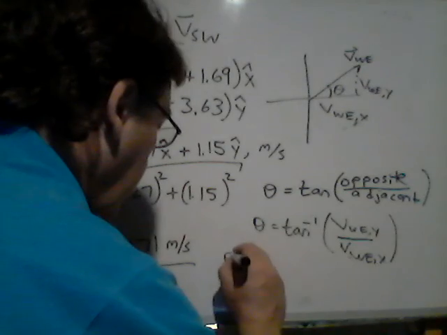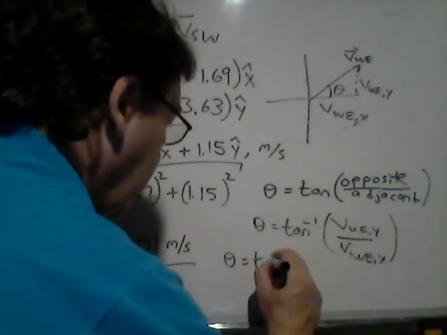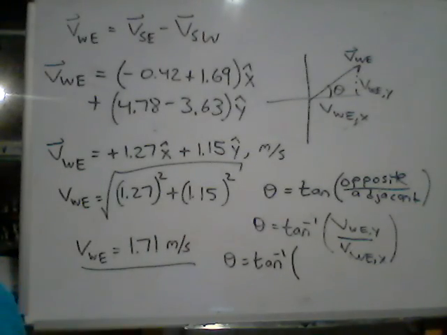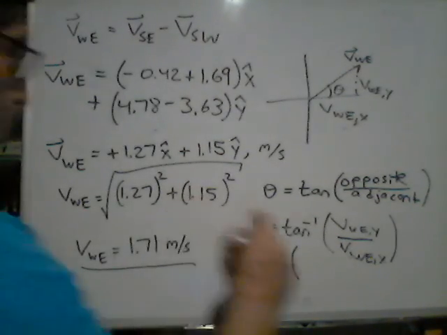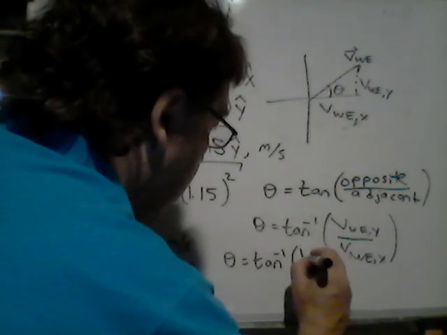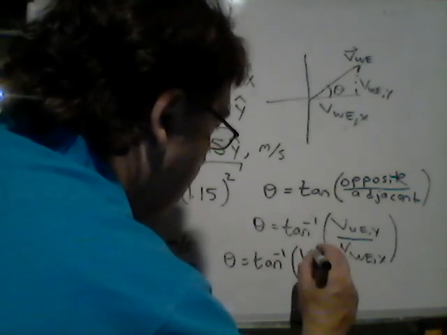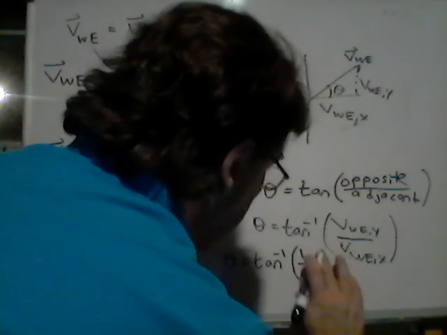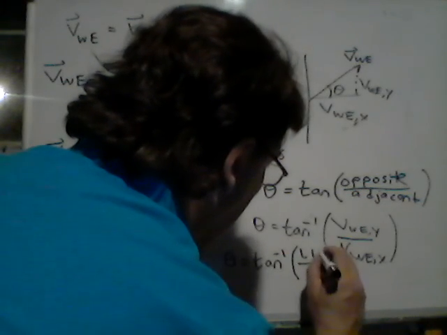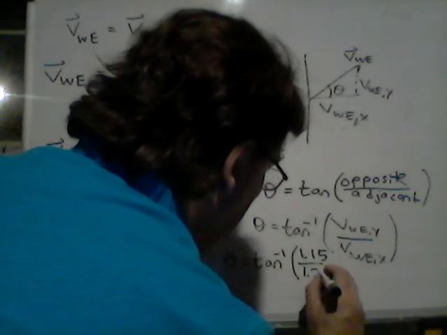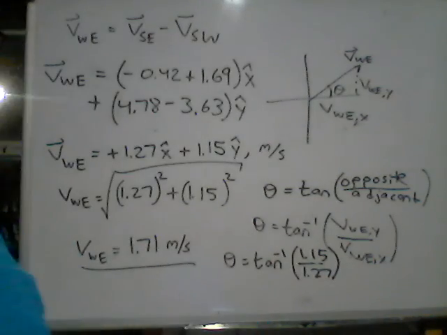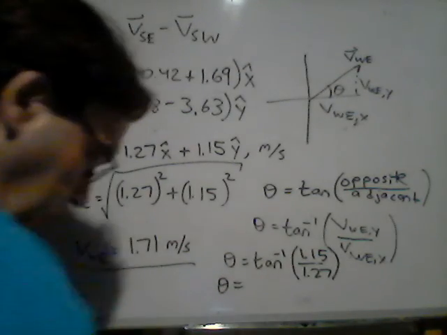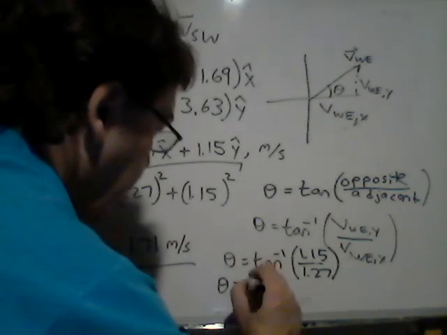Theta is the inverse tangent of, well, we find that V sub WEY is 1.15 meters per second, so 1.15 divided by 1.27. Let's write this neater. I end up finding out that theta is equal to 42.2 degrees.